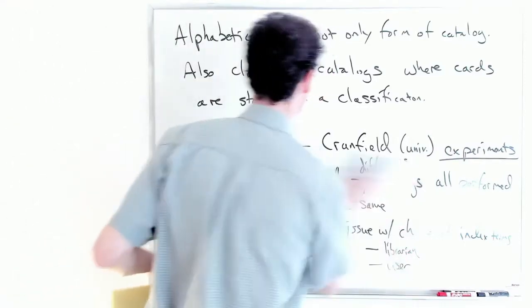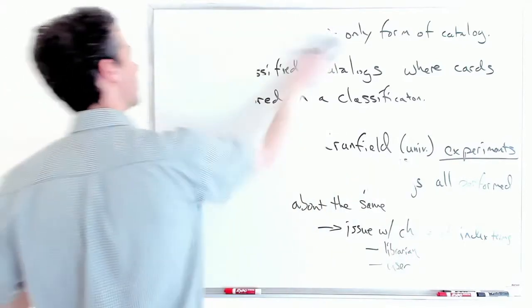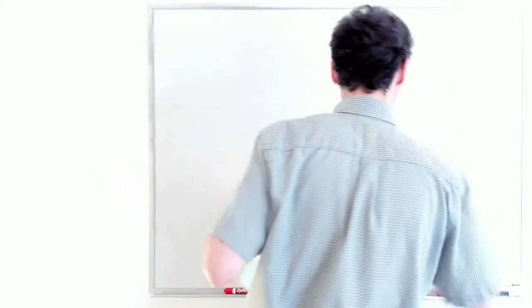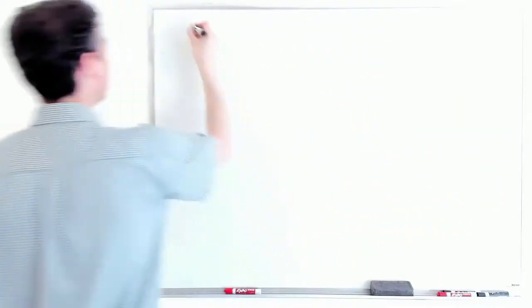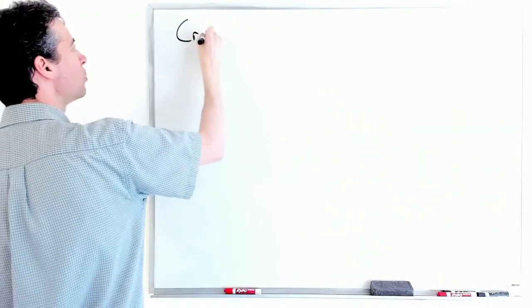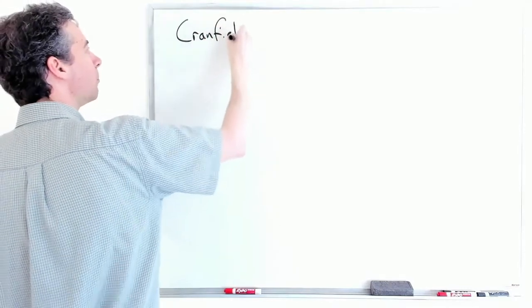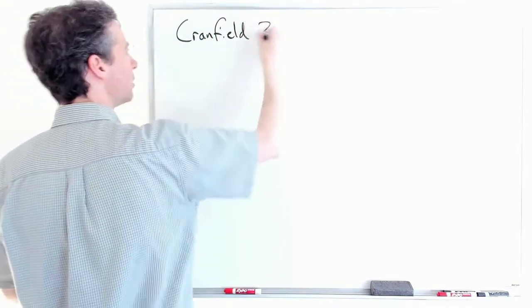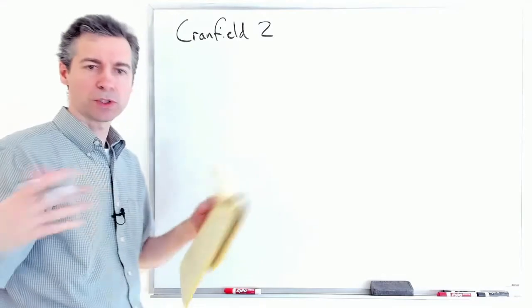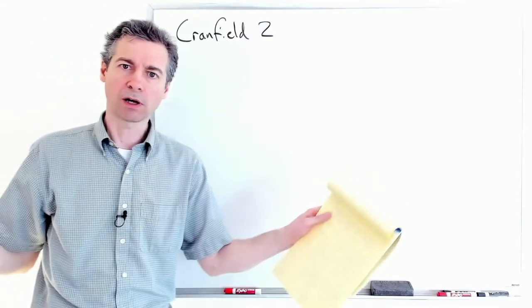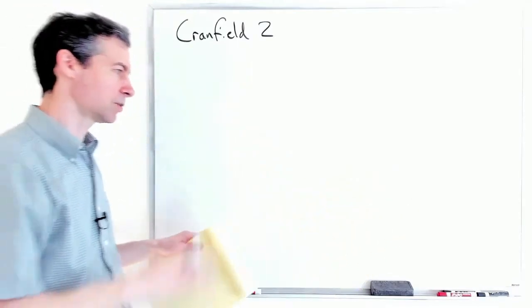Now that led him to his next set of experiments, his Cranfield 2 experiments. All these experiments were a huge amount of work. These were largely manual indexing systems. He wasn't using books. He was using scientific articles.